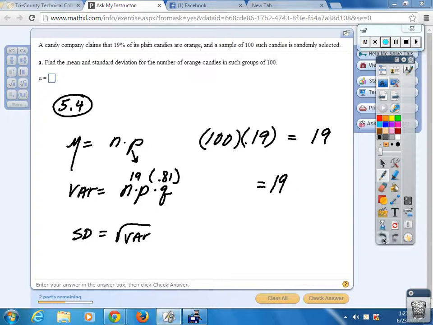19 times 0.81. Now let's go back and talk about what is 10% of 19. 1.9. That's right, class. So if 10% is 1.9, what is 1%? 0.19.